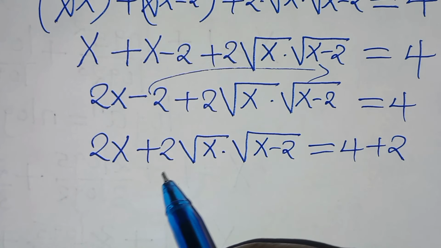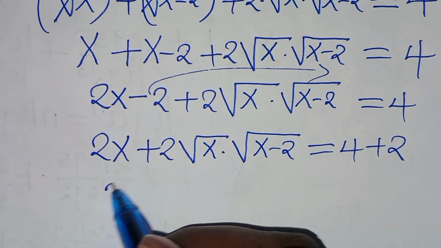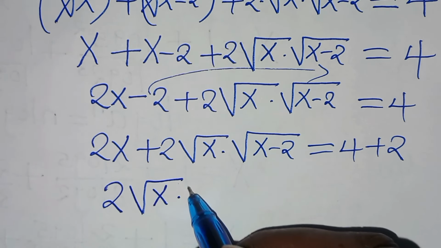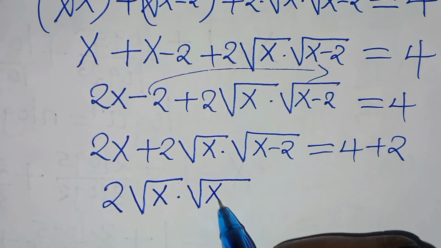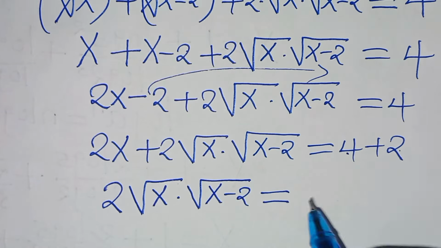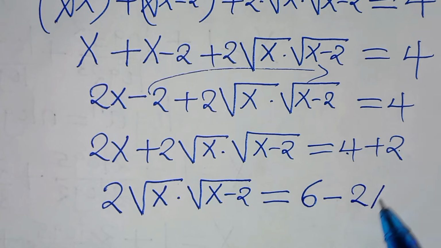Then we take 2x to the right hand side, so that we have 2 multiplied by the square root of x multiplied by the square root of x minus 2 equal to 4 plus 2, which is 6, minus 2x.